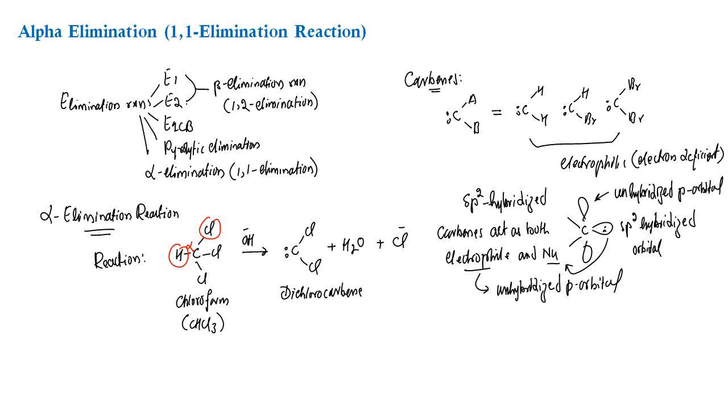Basically, the reaction proceeds through 2 steps. Step number one is fast, which involves the abstraction of hydrogen. Let's take bromoform, and we get a carbanion.